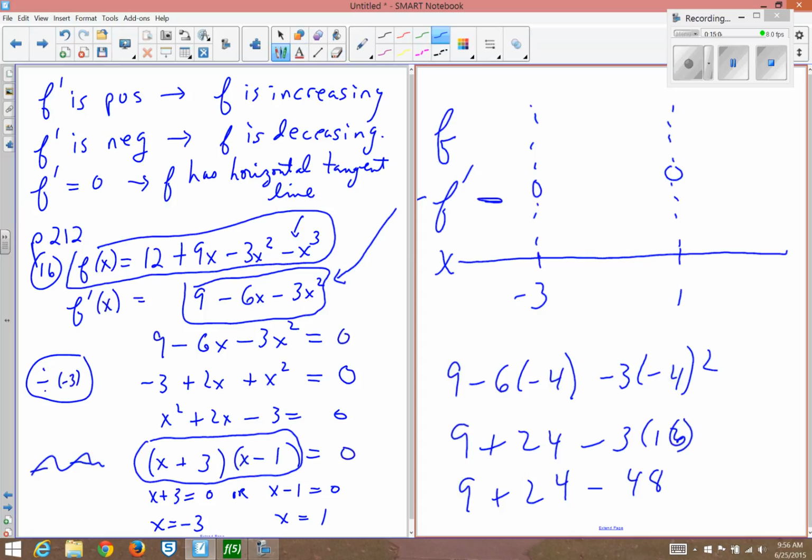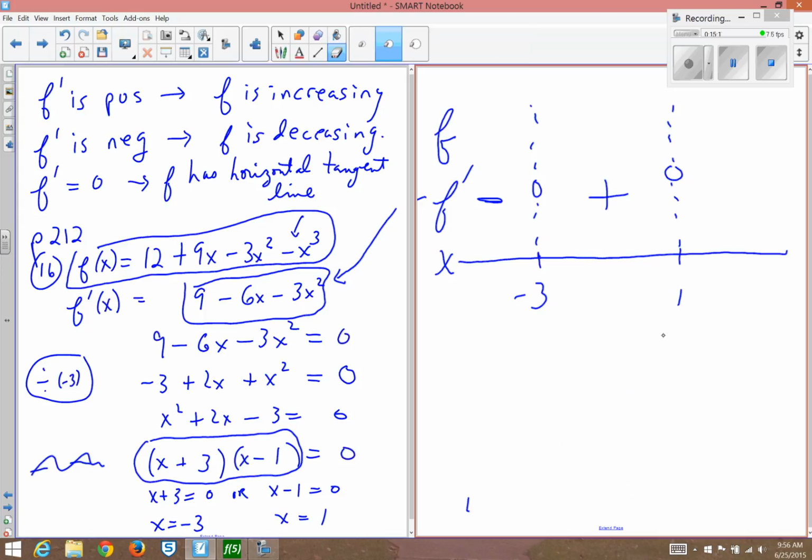When you plug in 0, f prime is a positive number. When I say 0, I really mean pick any number in between -3 and 1. And then plug in 2. When I say 2, I mean any number bigger than 1.